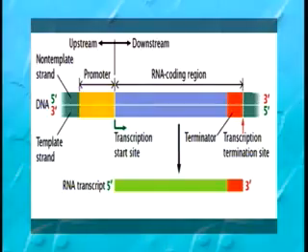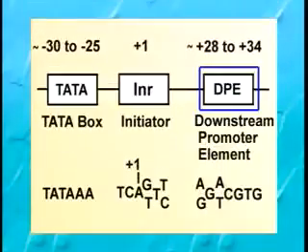We have seen that the position of both prokaryotic and eukaryotic promoters is relatively conserved and is located upstream of the transcription unit. However, in some genes, the promoter may be present downstream of the transcription start site and is within the transcription unit itself and is called downstream promoters or downstream promoter elements, DPE.